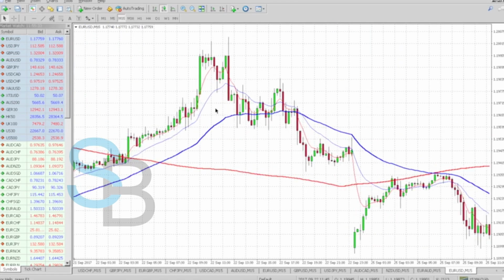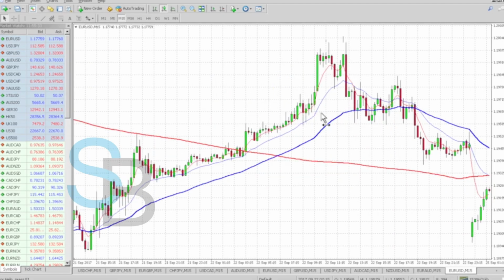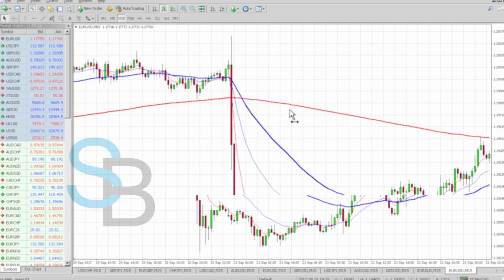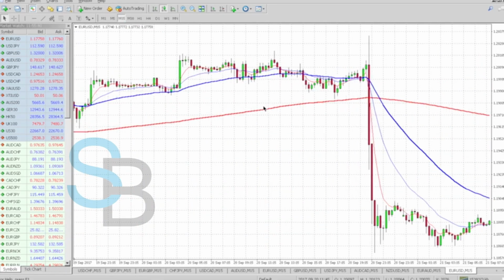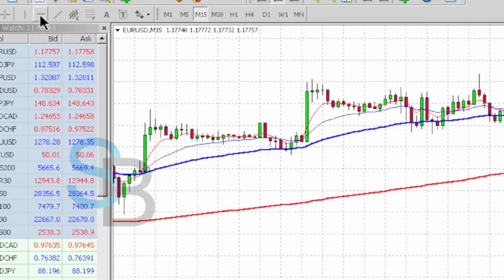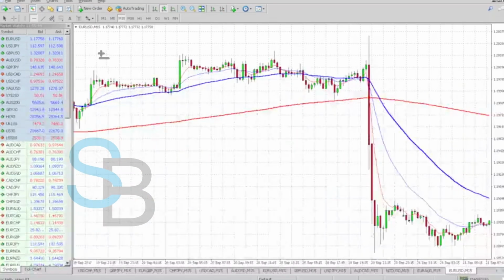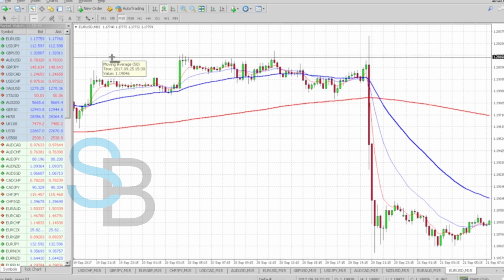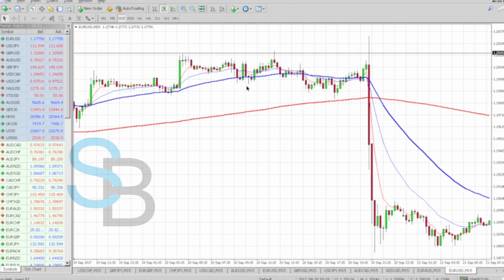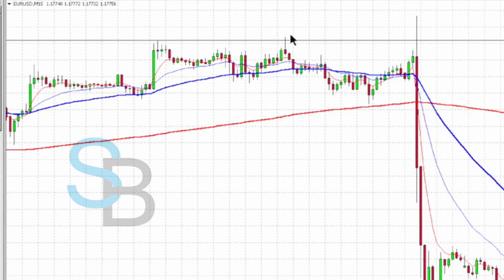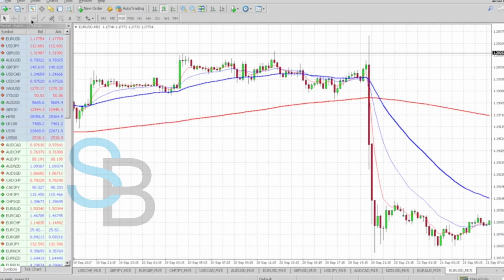I do at times, but not always. But if you want to, you could. So you could click on this line. And what this does is that you click on it and you can move it and you can put a line there to indicate a resistance, for example, if you want to. Okay, so this line is to draw horizontal lines.